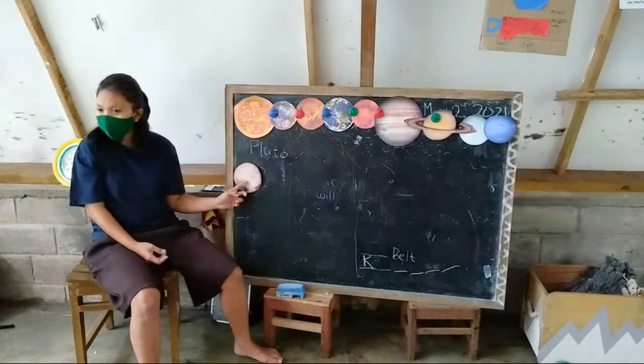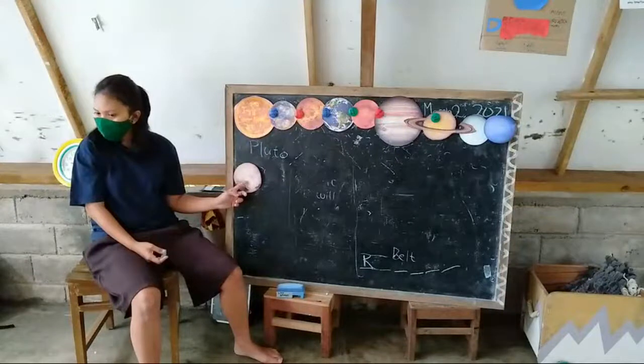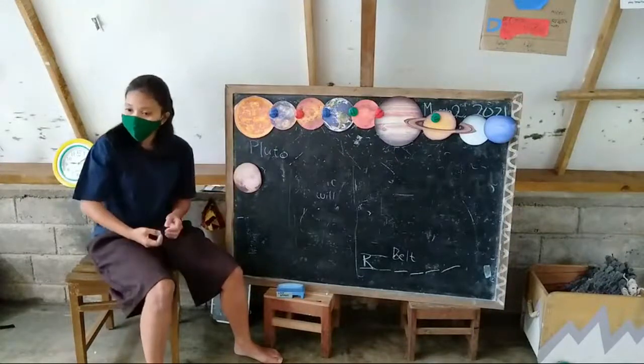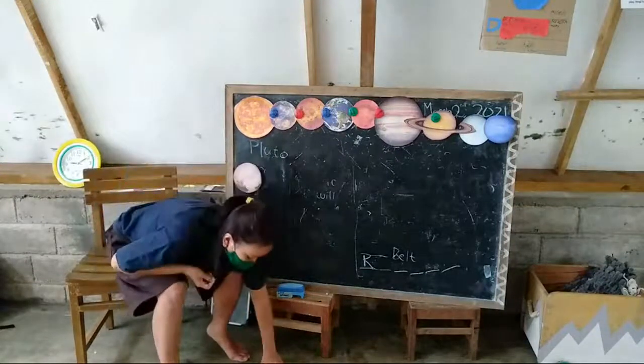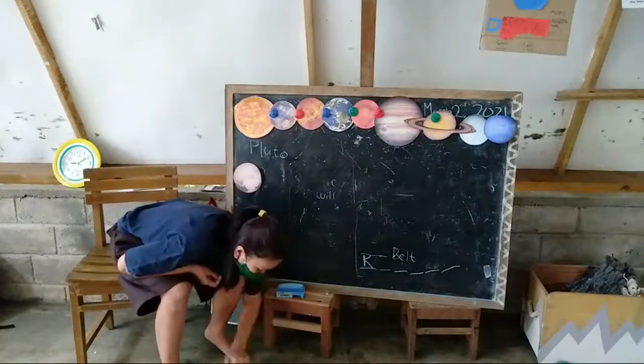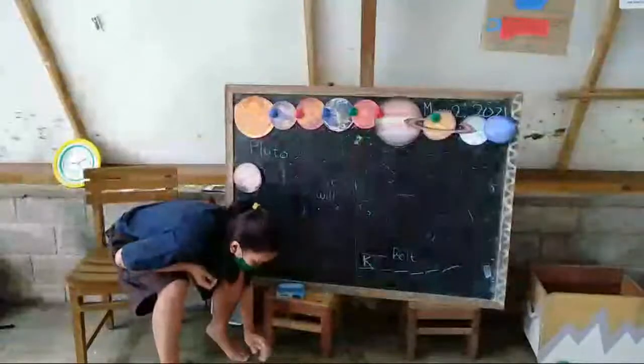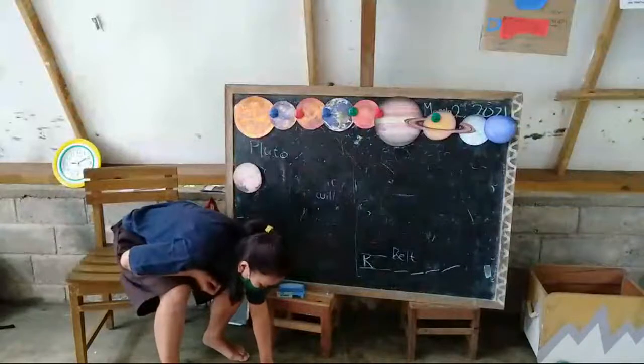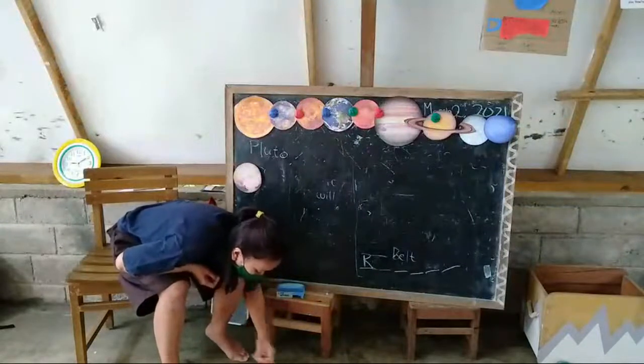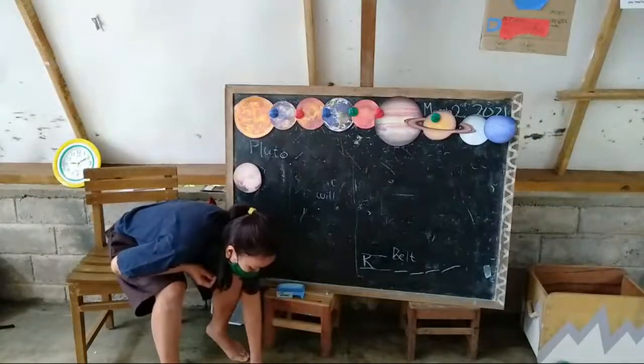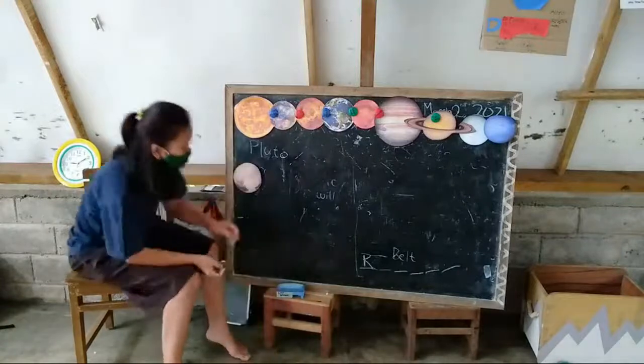What do you think about the temperature? I think it's very cold. Why, James? Why do you think it is very cold? It's farther than Neptune. It has a cold temperature.